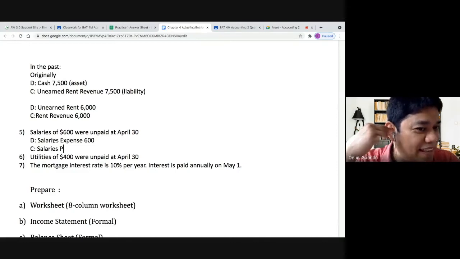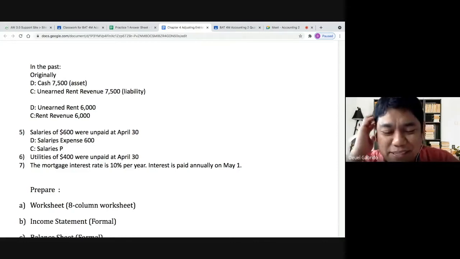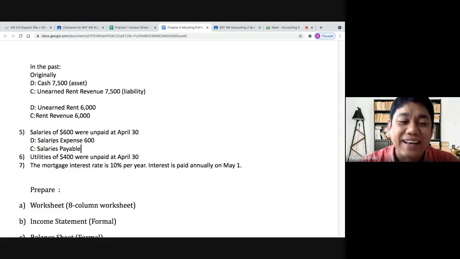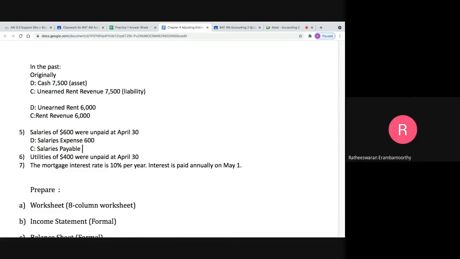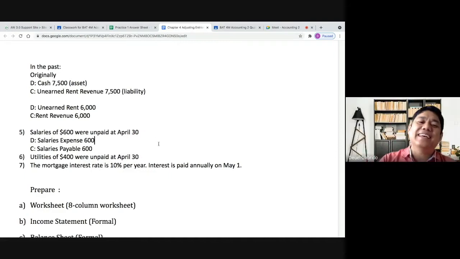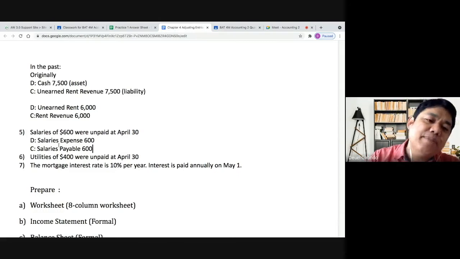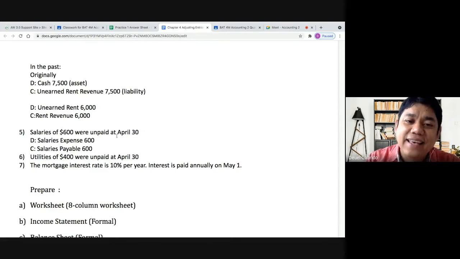Payable, okay? You understand that? Yeah, payable account. So one is salaries expense, the other, the credit, is salaries payable. Why? Because we are not releasing the check yet, right?